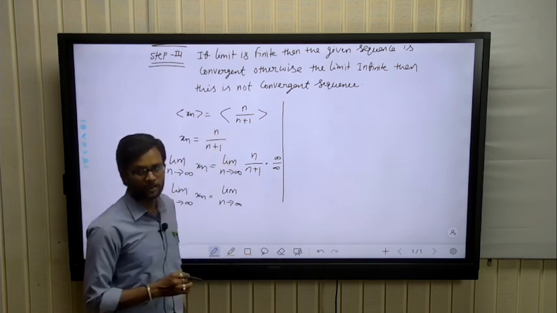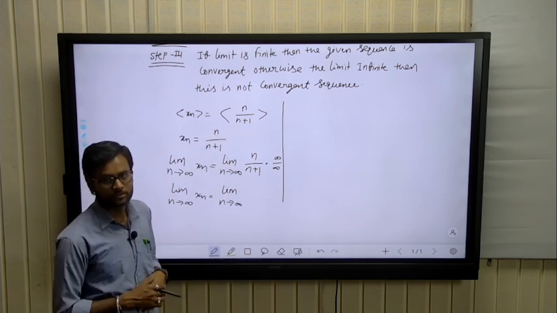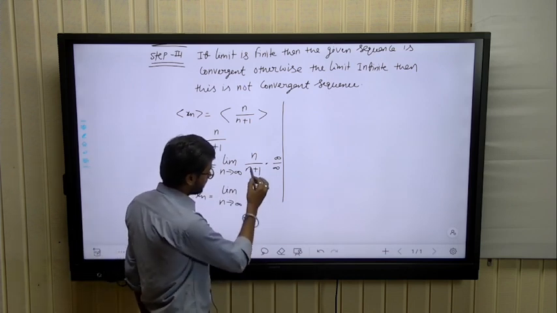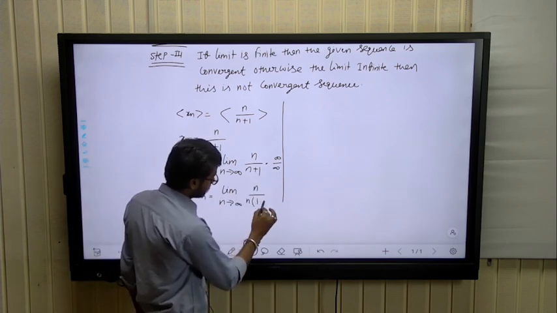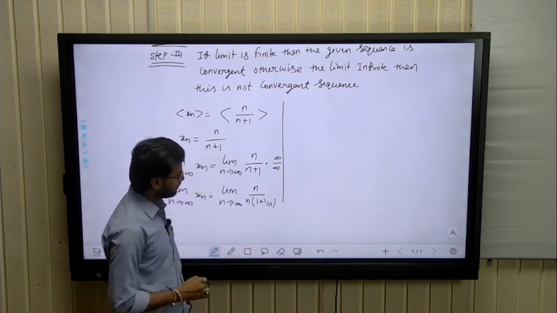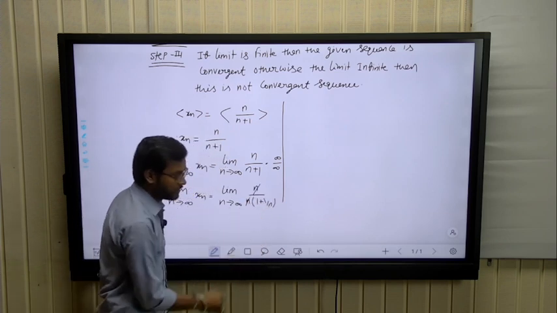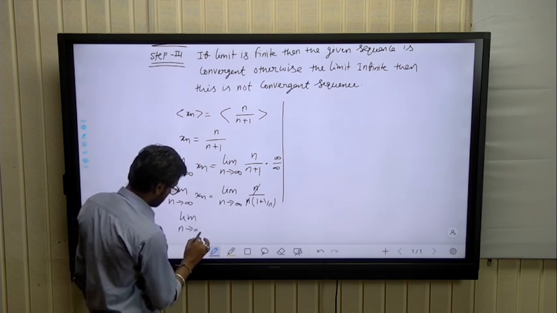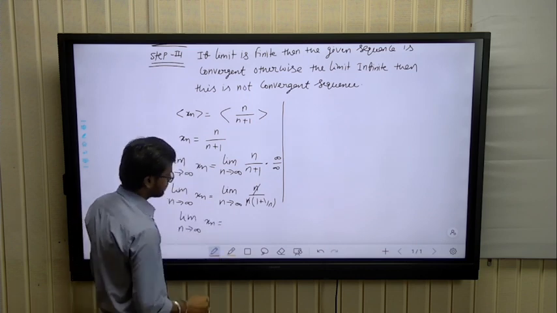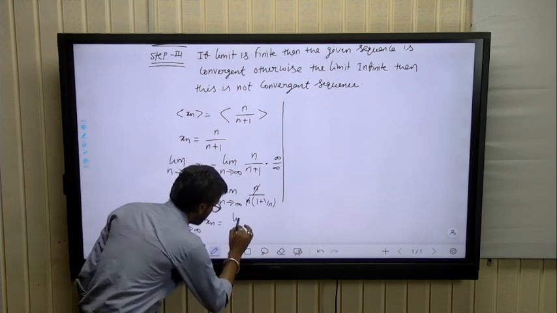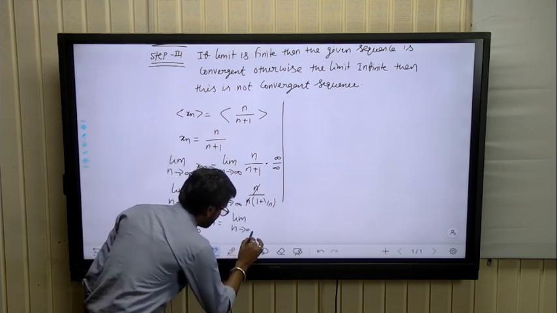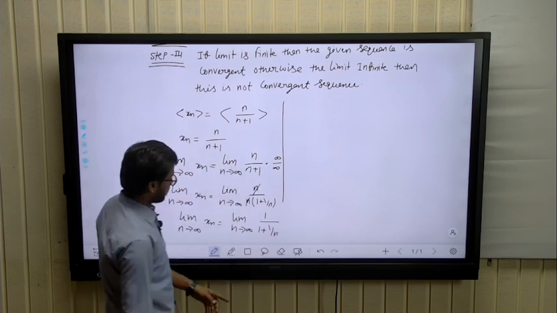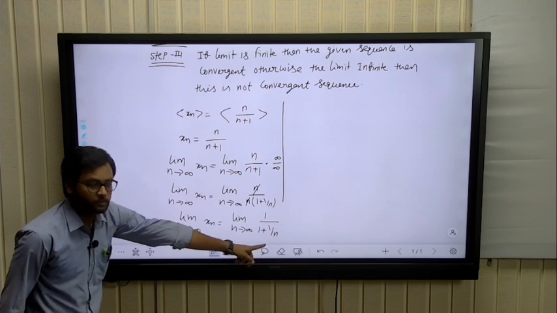So this is an undetermined form, which is not defined in mathematics. So we take n common, and n and n cancel. We get limit n tends to infinity of xn is equal to limit n tends to infinity of 1 upon 1 plus 1 upon n. Now we put the value of n equal to infinity here.